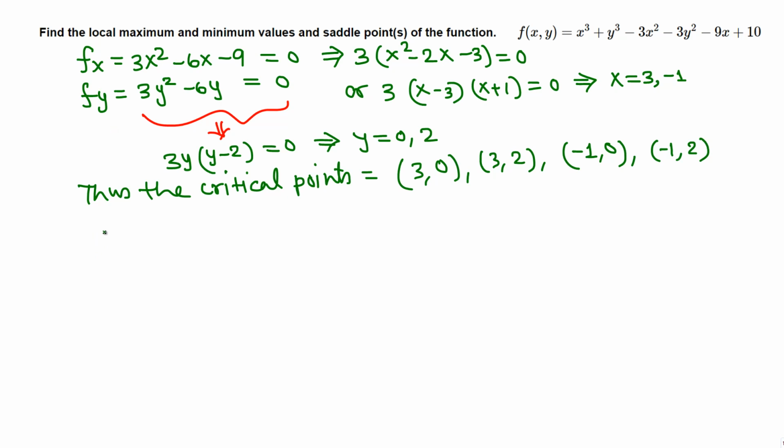That means we need to find the second partial derivatives. The derivative of fx with respect to x is 6x minus 6, and the partial of fx with respect to y: there is no y, so 0. And we need the partial of fy with respect to y, fyy, which is 6y minus 6.